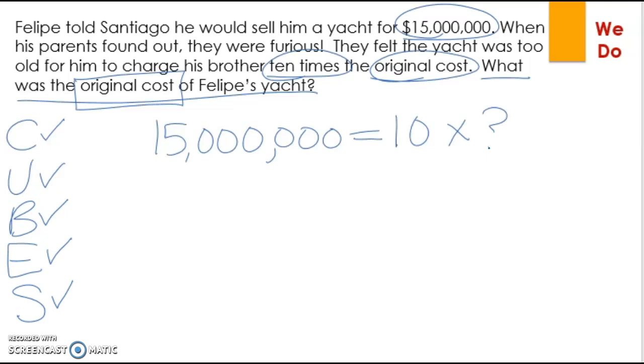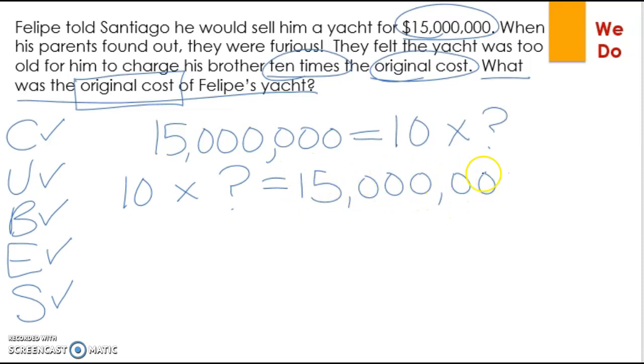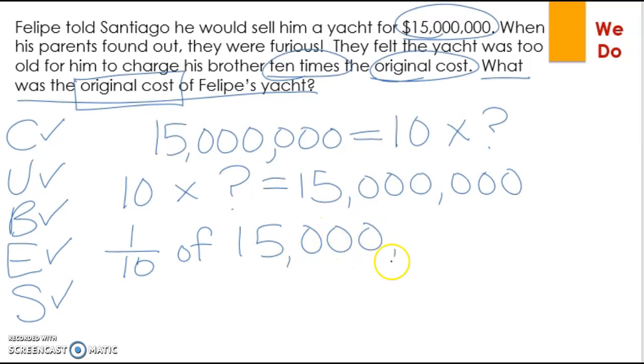If 15 million is 10 times a number, that also means that 10 times a number is 15 million. It also means I'm trying to figure out what is 1/10 of 15 million.